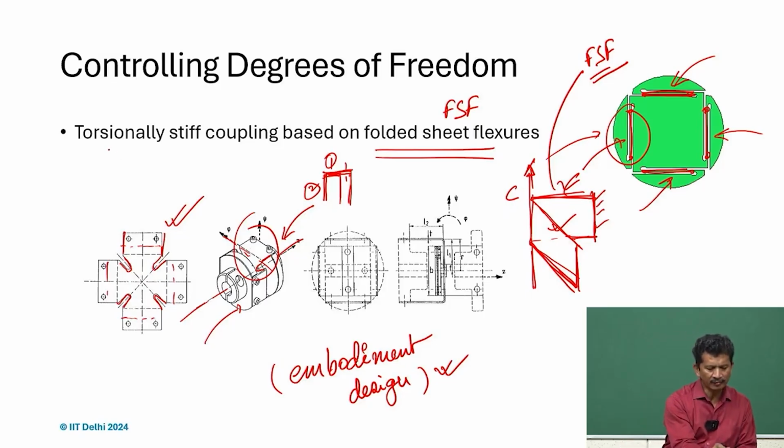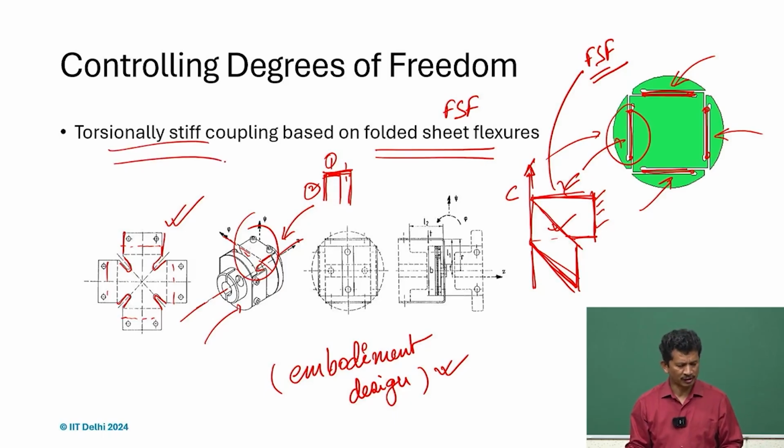And at the same time it will be torsionally stiff, because you can imagine there is a sheet flexure, and along that line later we will do the mathematics and try to get the stiffness values. So it's very high, and again it's a very good solution, and it's flexible. So the maintenance, wear and tear, lubrication, all those things can be easily eliminated, and therefore it can be easily used in a very rugged environment as well.